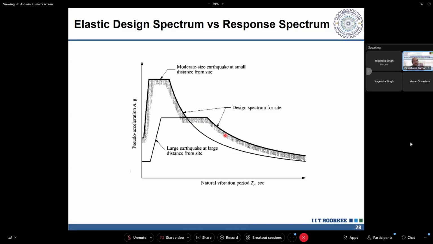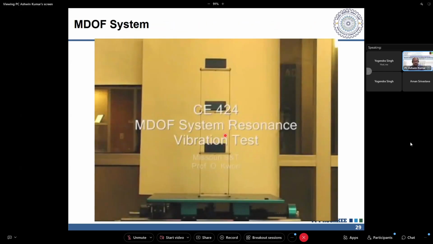That way you need to consider your response spectrum curve. So if you plot with respect to a set of ground motions, it might be for a near field earthquake, but this particular site has also another fault which is at a large distance but can produce a large earthquake. You need to consider that also in the final preparation of your response spectrum curve. That is what I intend to convey with this, right?